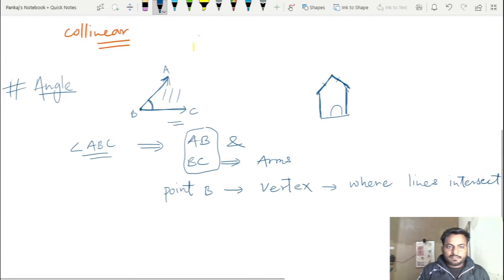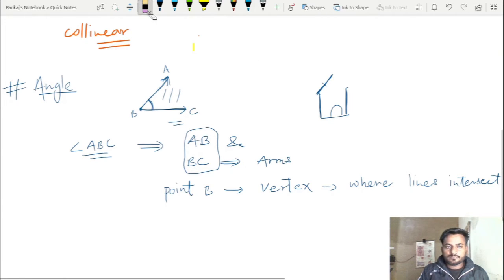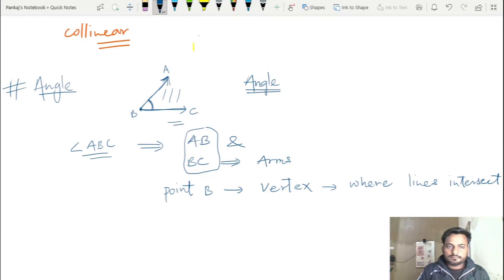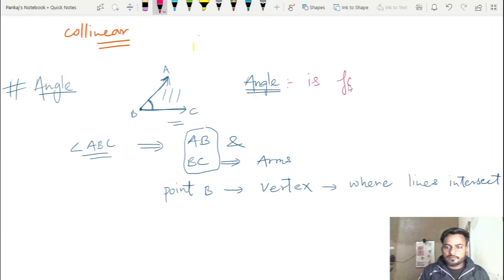So let us define it in words. An angle is formed when two lines intersect.